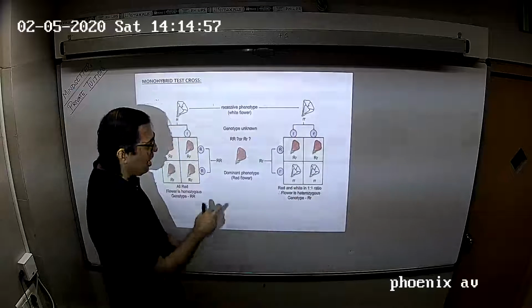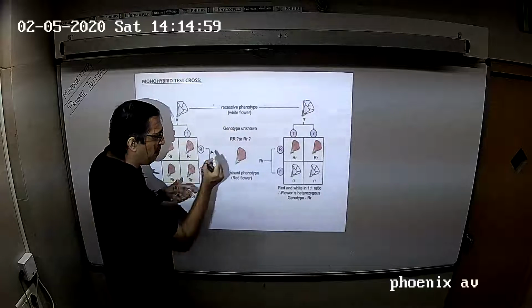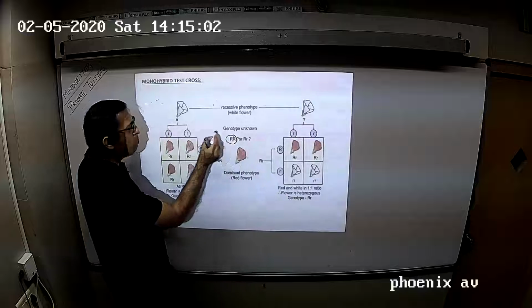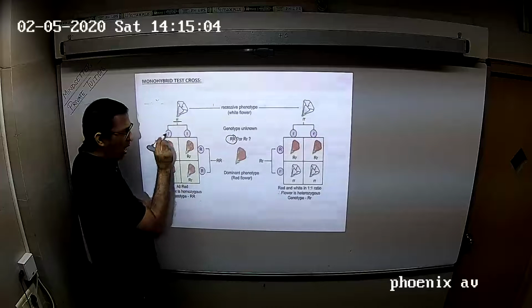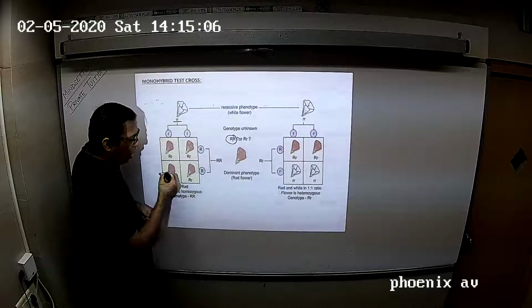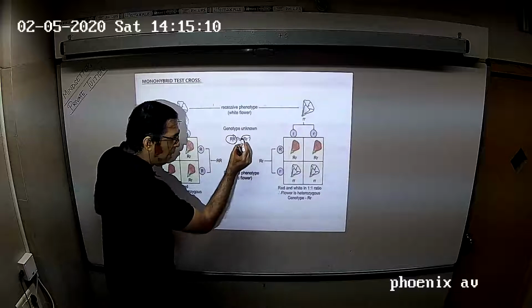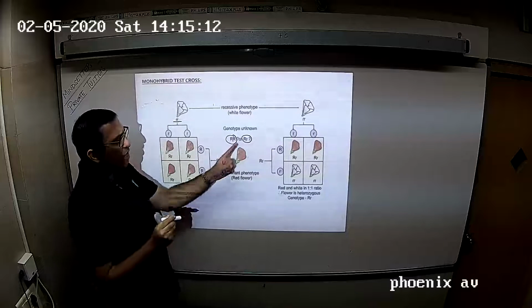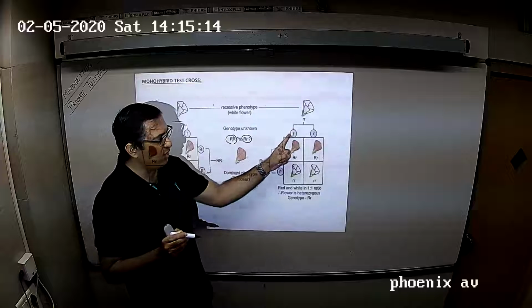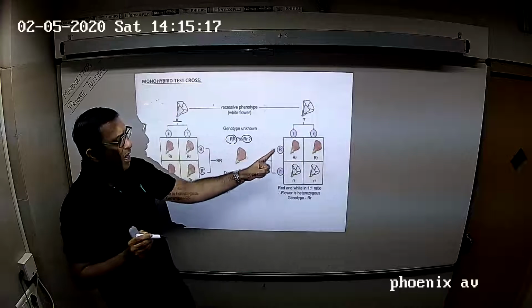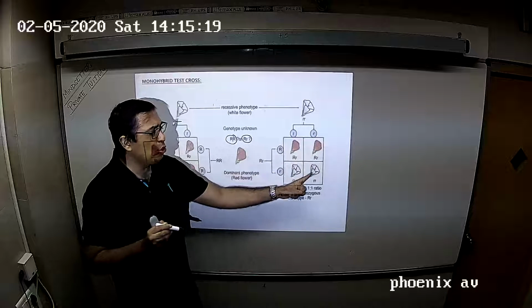Focus here: if it was capital R, and it is back crossed with small r, the recessive parent, all the next generation plants are red in color. But if it was capital R small r, and it is back crossed or test crossed with the recessive parent, then you get 2 reds and 2 whites.